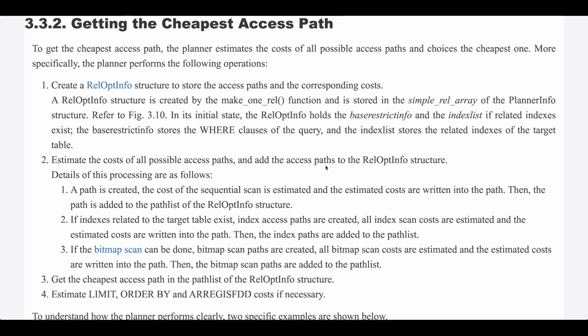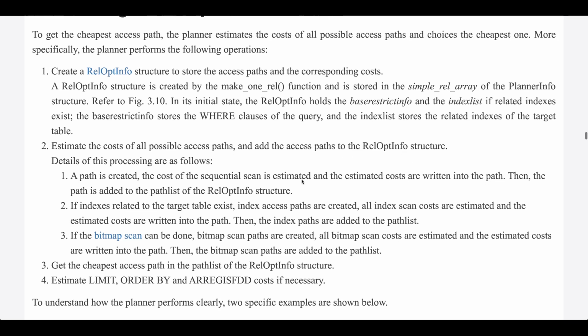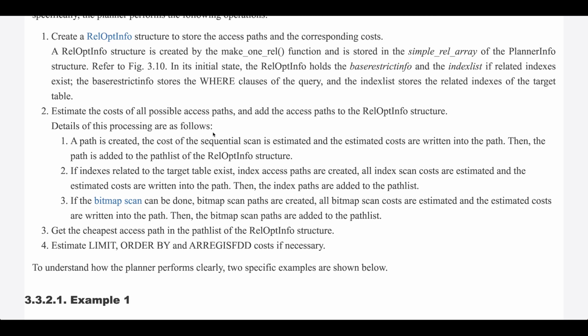Second, estimate the costs of all possible access paths and add access paths to the RelOptInfo structure. Details of this process are as follows. 2.1, a path is created, the cost of the sequential scan is estimated, and the estimated costs are written into the path. Then the path is added to the pathlist of the RelOptInfo structure. 2.2.